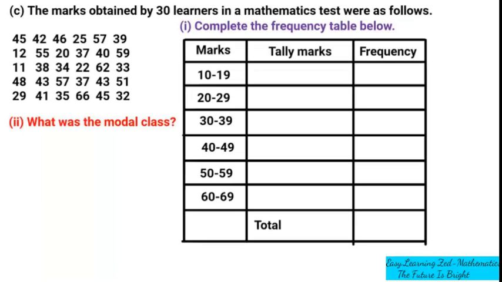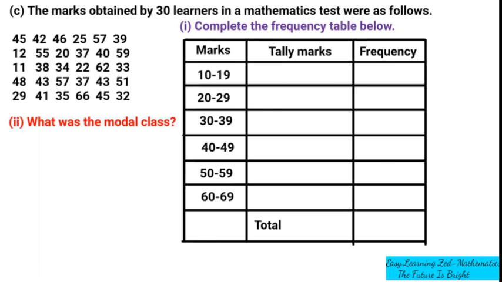Okay, so question C was as follows. The marks obtained by thirty learners in a mathematics test were as follows. The table that is showing the marks is on the left side of the screen in the corner there.